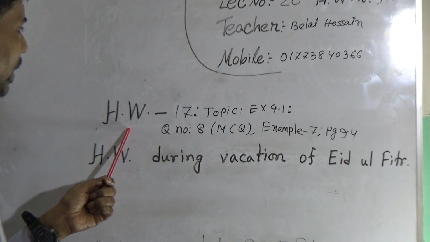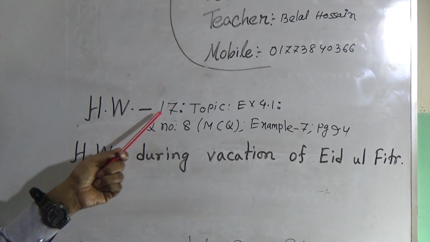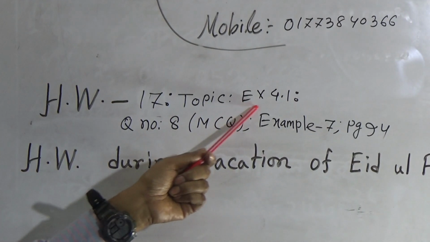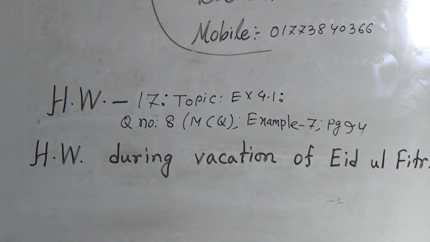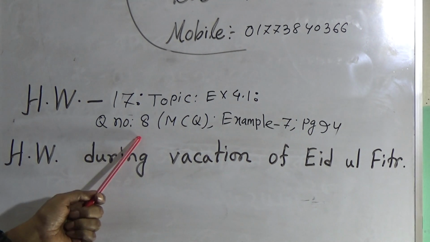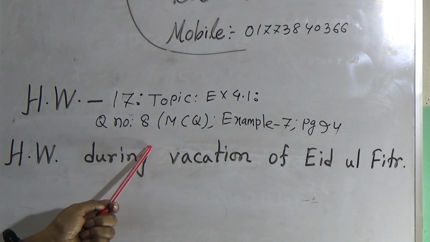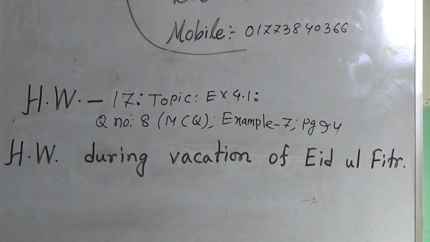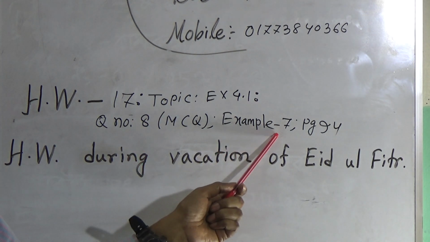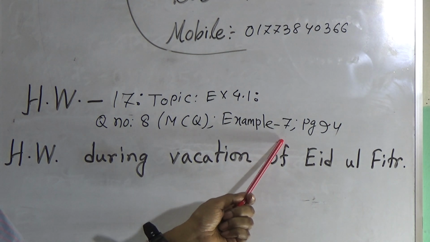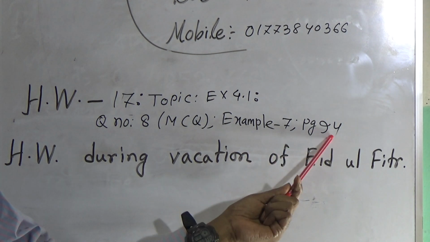Now, I talk with you about HW topic. Look, our HW is 17. Topic exercise 4.1, question number 8. MCQ, there are 3 MCQs. You do this. And the example long 7, which is taken from your book, page number 94.